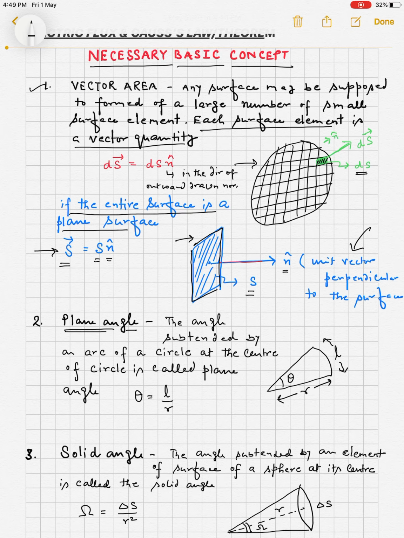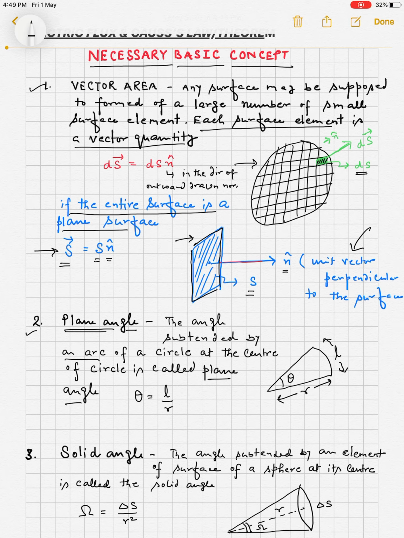The second concept is plane angle. As we already studied in my previous classes, plane angle is the angle subtended by an arc of a circle at the center of the circle.